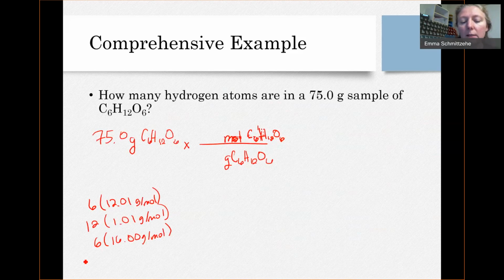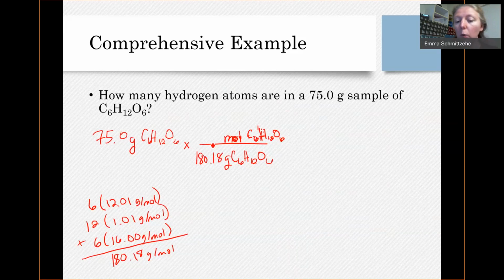We add all of that together, and that's going to give us our molar mass. If you add all of that together, you should get 180.18 grams per mole. So that information then gets plugged into that ratio. So there's 180.18 grams in 1 mole of that.